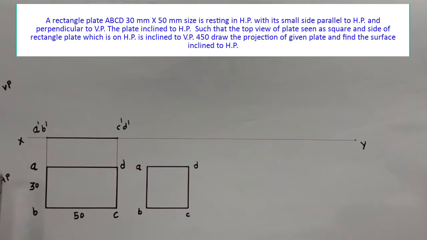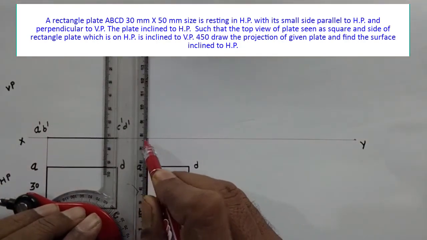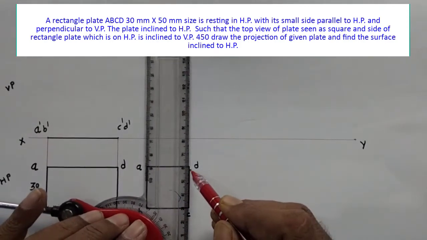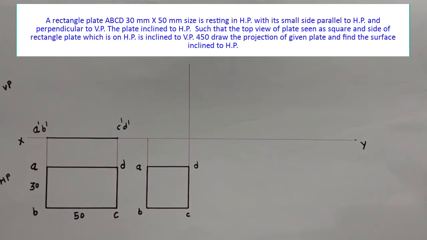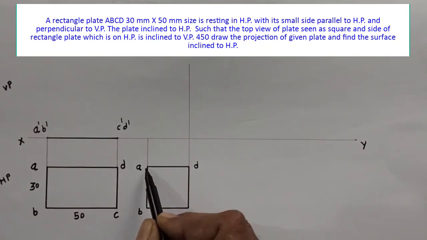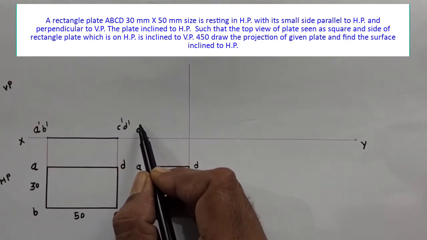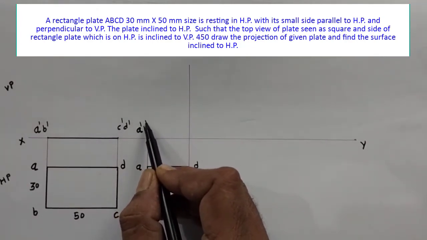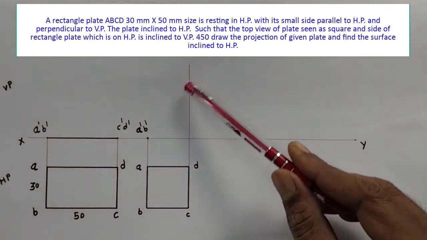So first we take the vertical projection, and we know the side AB is on the HP plane. So the elevation of the side AB is on the XY line with A dash, B dash. Now here the simple top view length is given and we are going to find out the true length.